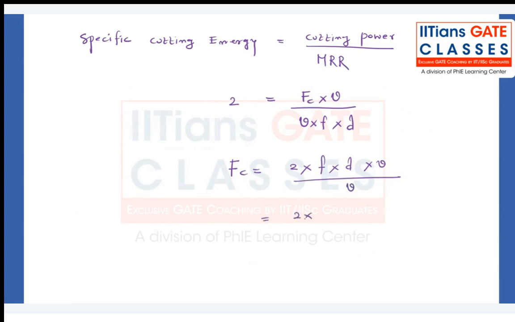Now it is 2 into f, which is 0.2, into d, which is 2 mm, such that it is 0.8, but multiply with 1000 because the speed is given in meters.